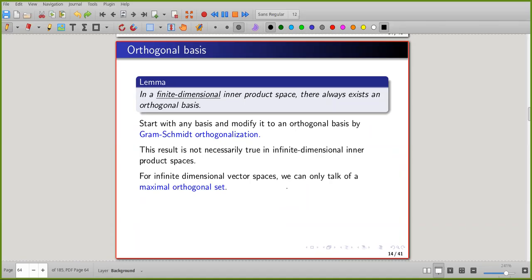For infinite dimensional vector spaces, we can only talk of a maximal orthogonal set. A subset E1, E2, and so on is called a maximal orthogonal set for V if the inner product of Ei and Ej is delta ij. This means they are mutually orthogonal, and in addition, we need their norms to be one.